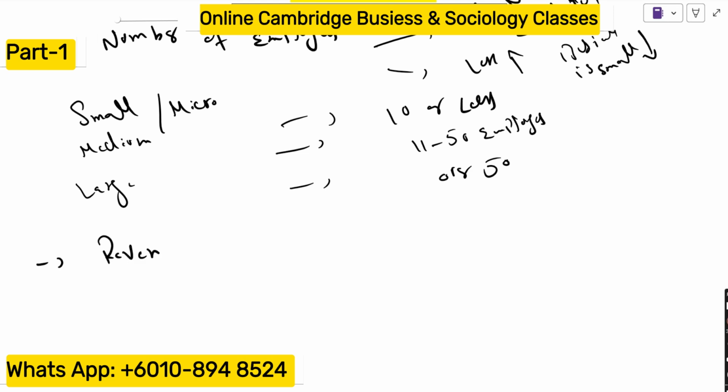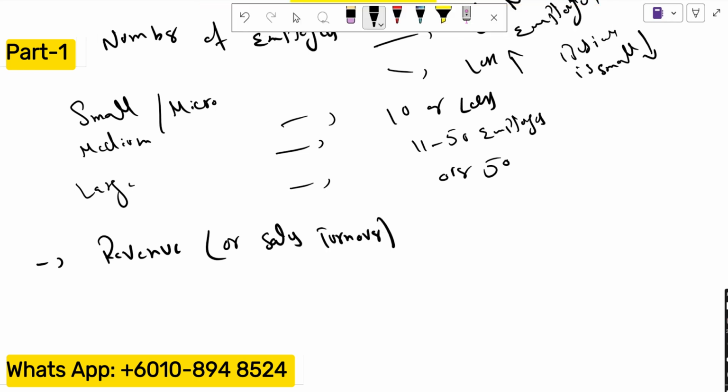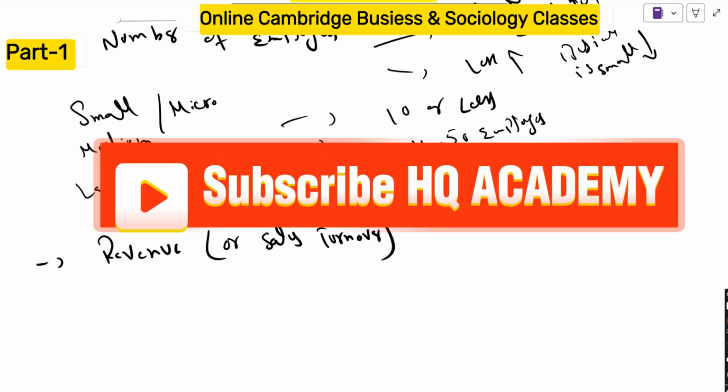Revenue, or we can say sales turnover. Revenue is often used to measure the size, especially when comparing businesses in the same industry.